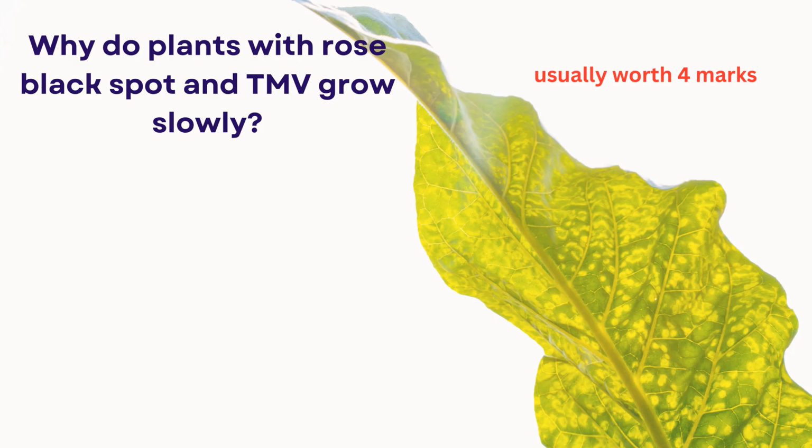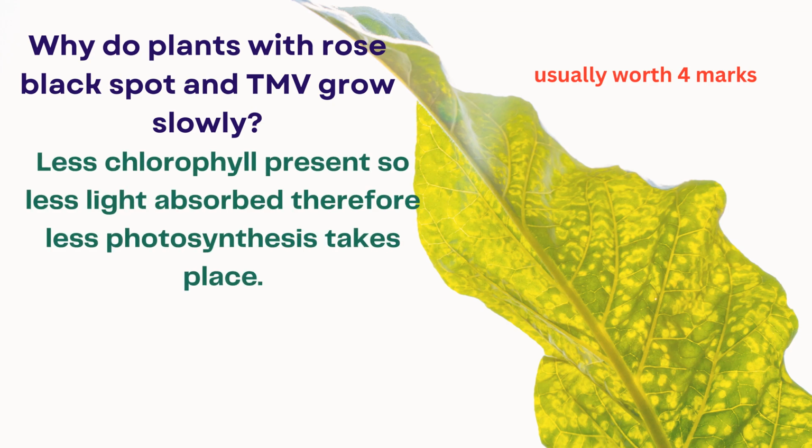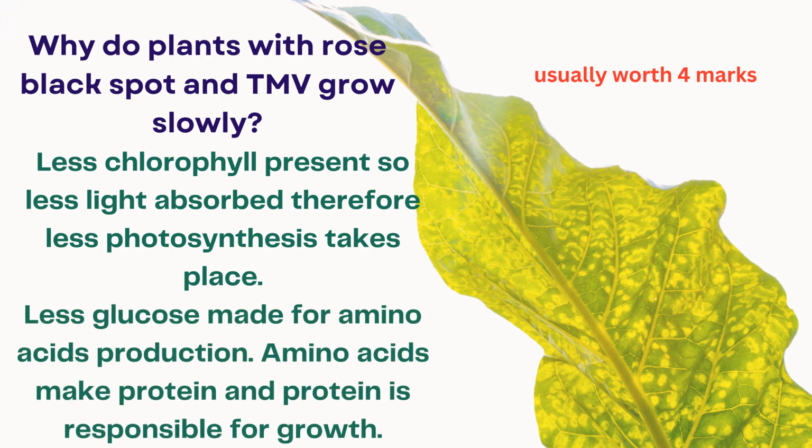This is a big question now, usually valuing 4 marks. Why do plants with rose black spot and the TMV grow slowly? Less chlorophyll present, so less light absorbed, therefore less photosynthesis takes place. Less glucose made for amino acids production.